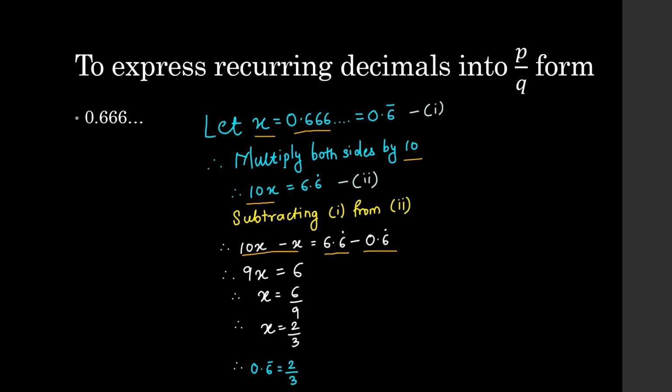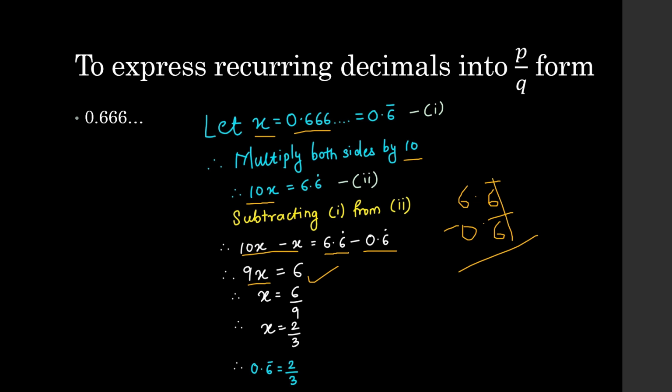So 10x minus x, simple subtraction, will be 9x is equal to 6.6 bar minus 0.6 bar. Now this 6 bar minus 6 bar will give you 0. This will cancel to 0, and 6 minus 0 will be 6. So 9x is equal to 6.